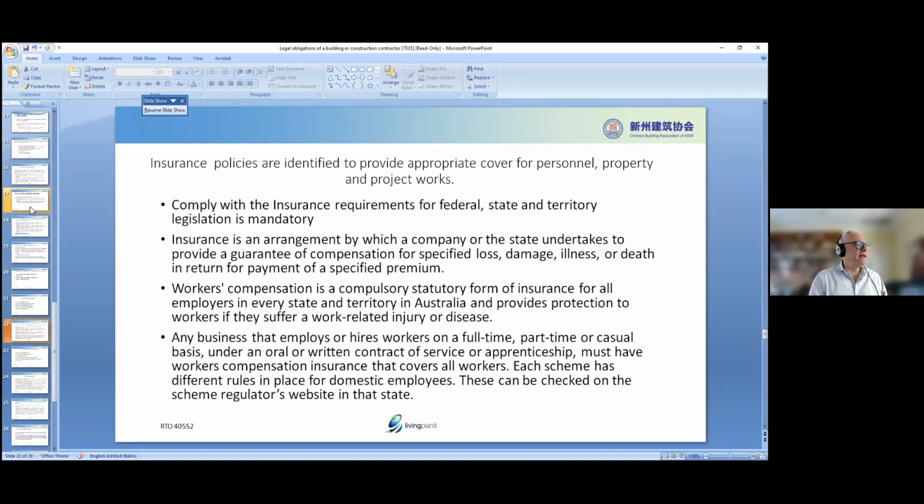The amount of money that needs to be paid as a premium to the workers' compensation department needs to be much higher for higher risk. So in construction, the demolition work is the highest rated risk, okay? So if you're doing that work, it's much higher risk than if you're a tiler. So the premium would be much higher, okay?